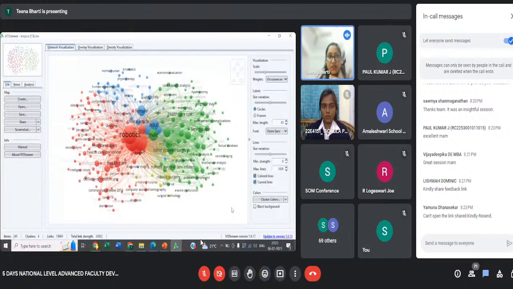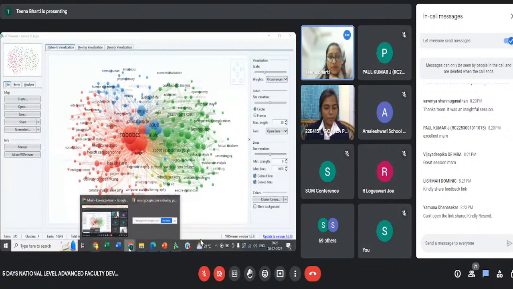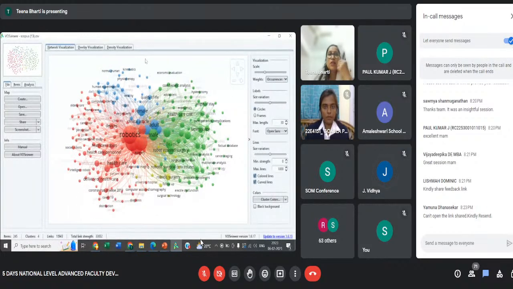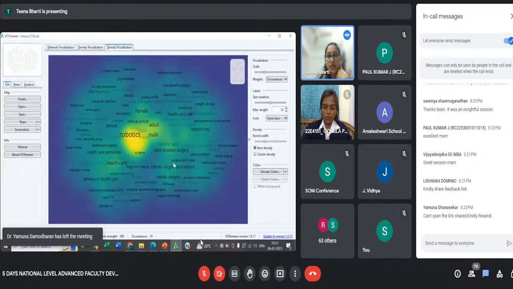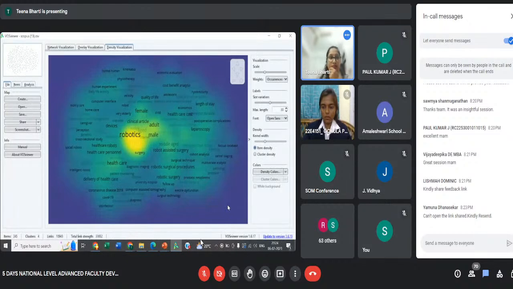Was the screen visible? Yes, ma'am. Okay. So this is how the keywords have appeared, the network analysis between different keywords. This is the density visualization of how the various types of keywords have occurred. So this is just a simple thing. I hope that I have answered.